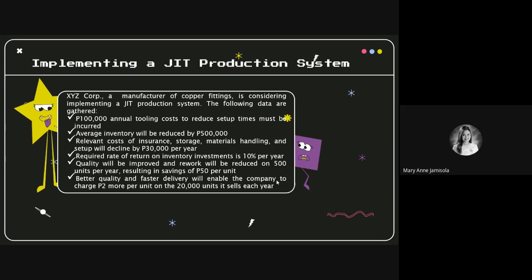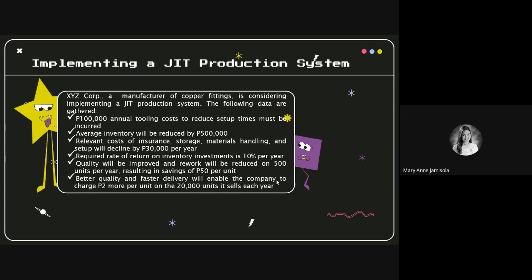What are other benefits? Notice that we can also increase our price. We can charge 2 pesos more per unit on the 20,000 units that we can sell each year.